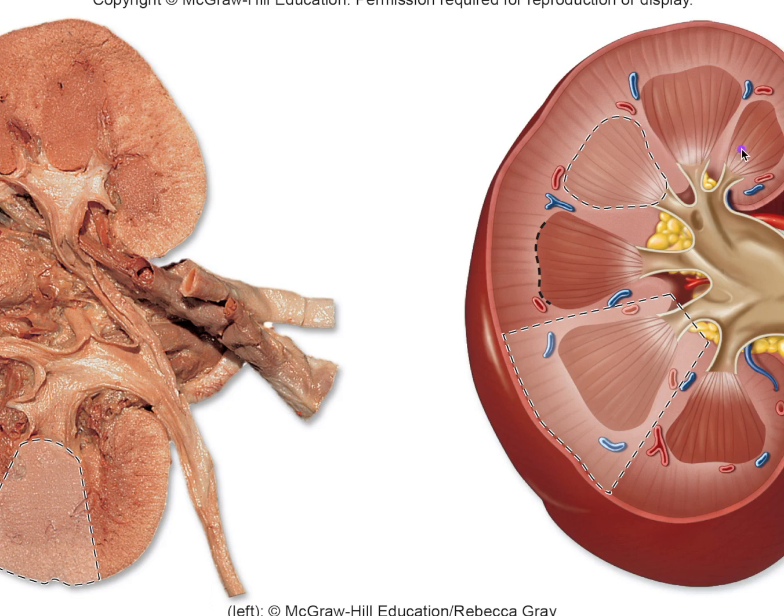And the human kidney has between 8 and 15 of these renal pyramids. And the pyramids will come to an apex here, and where they come to an apex, it is called the renal papilla.